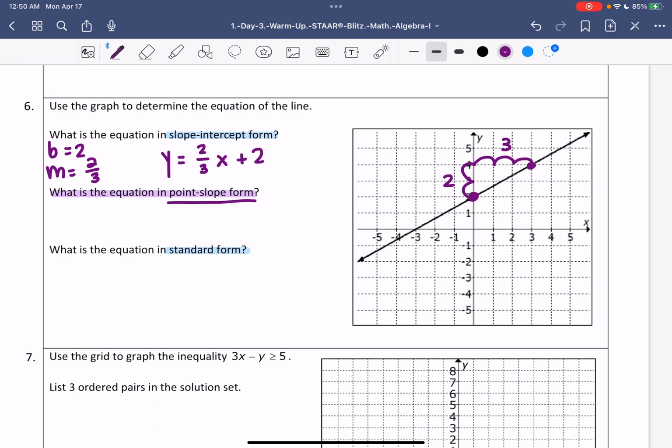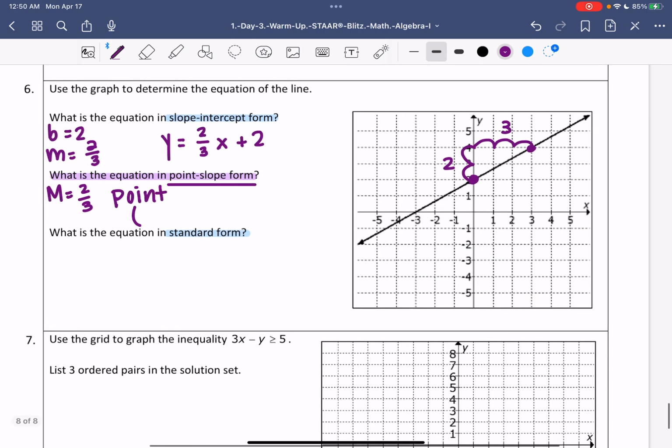Remember your point-slope form, you're still going to use that m is 2 over 3, but now you get to pick any point on that line. Doesn't matter which point. But remember, the subtraction sign stays. So if it's minus and negative, it'll change the sign, okay? So do not forget to change the sign.